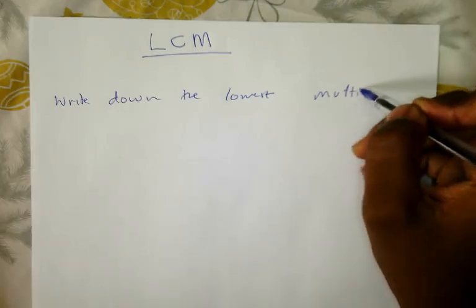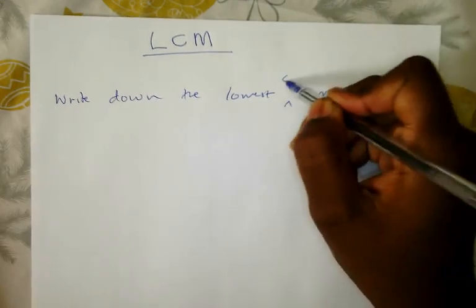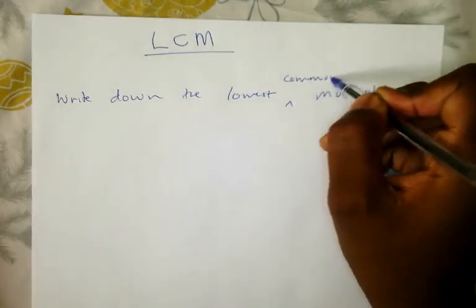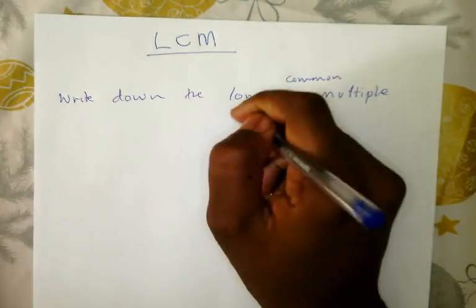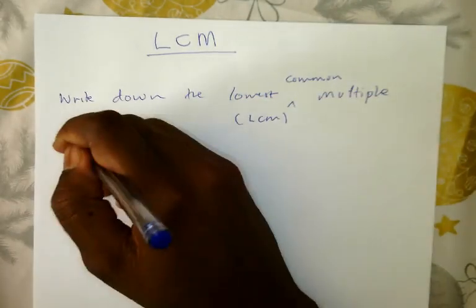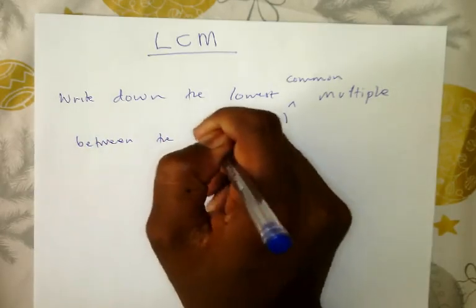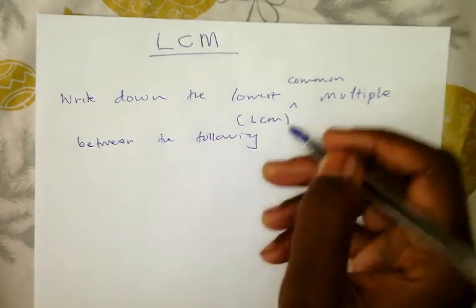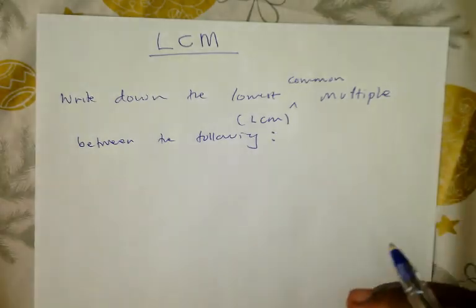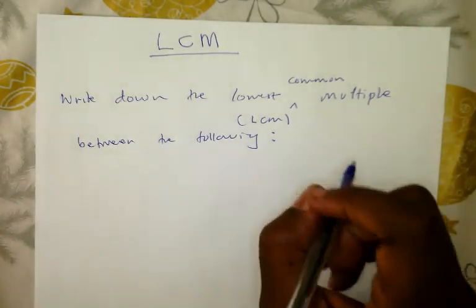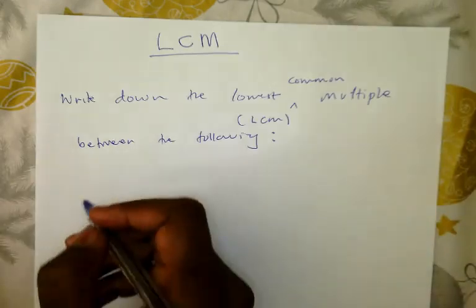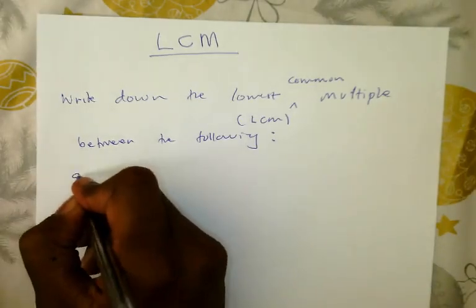The lowest common multiple, which is called LCM, between the following numbers. So the first one, which is pretty straightforward, they say between 4 and 6.